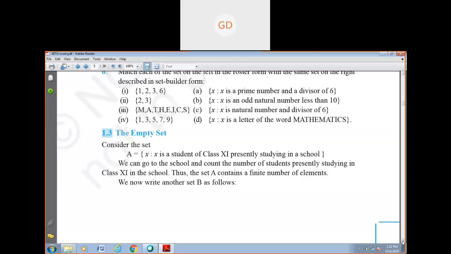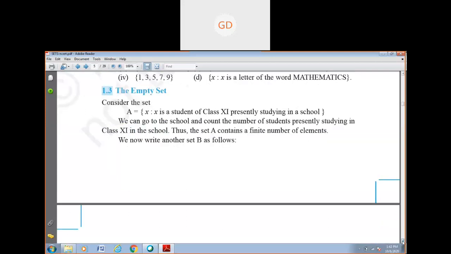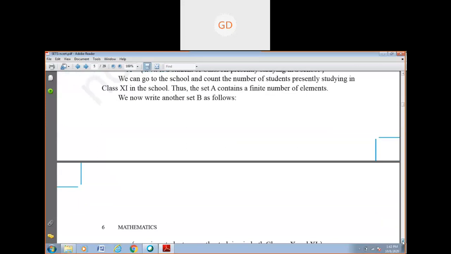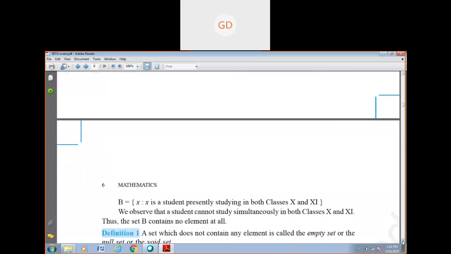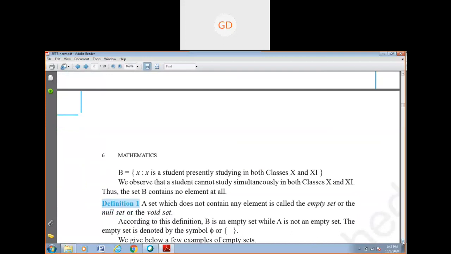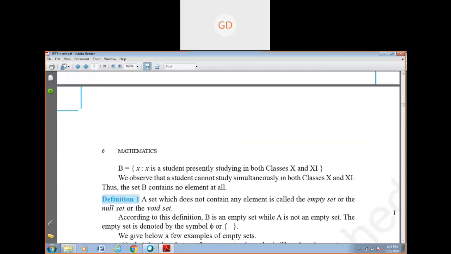Some examples you can pick up here. In this example, you can observe B on the screen. X such that X is a student presently studying in both class 10 and 11.